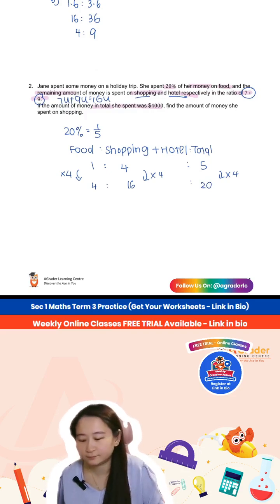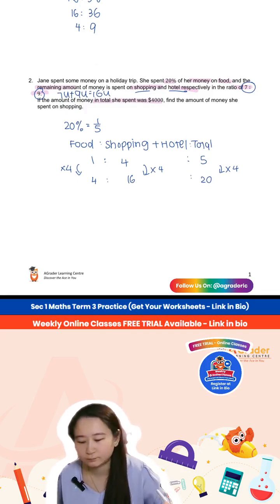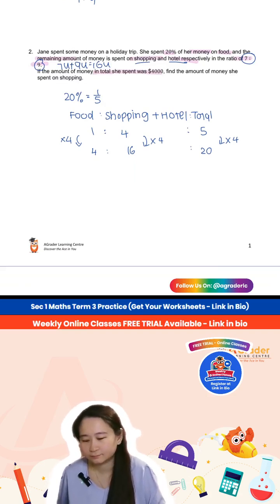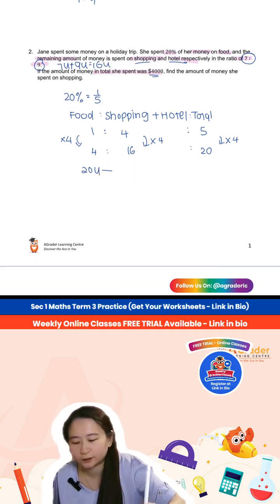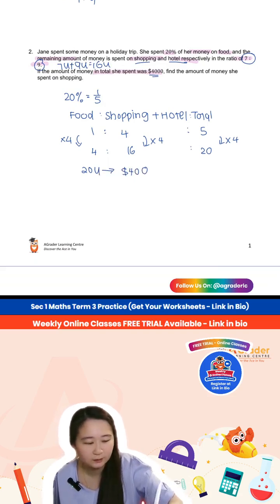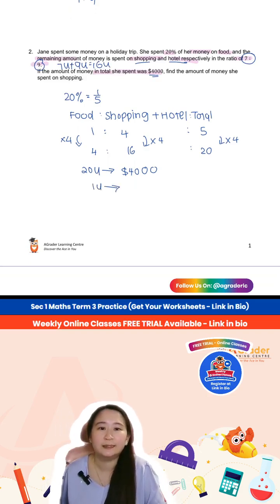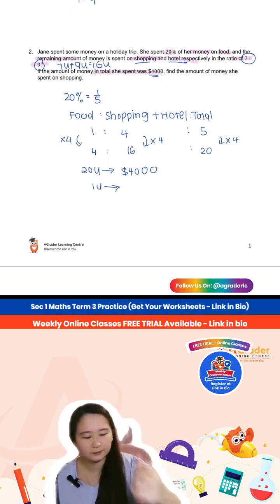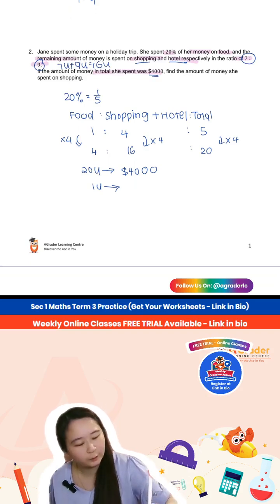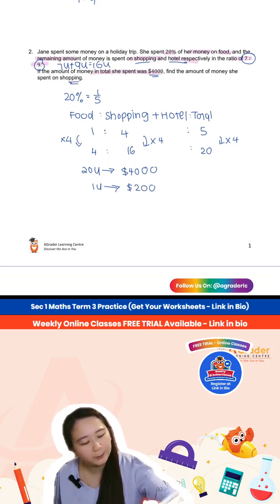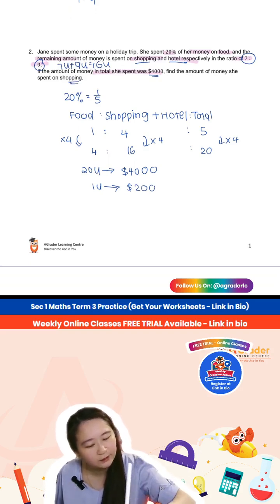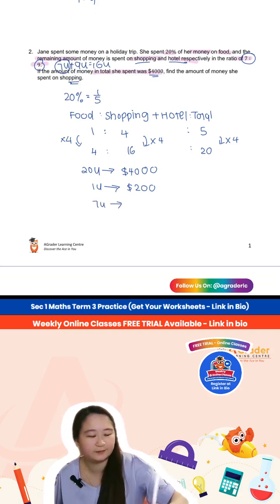And the total amount spent is 4,000. So this means 20 units is 4,000. Always find 1 unit first. You can do punching also as long as you get the answer. So we divide by 20. So 1 unit is 200. Shopping is 7 units. So we have to find 7 units.